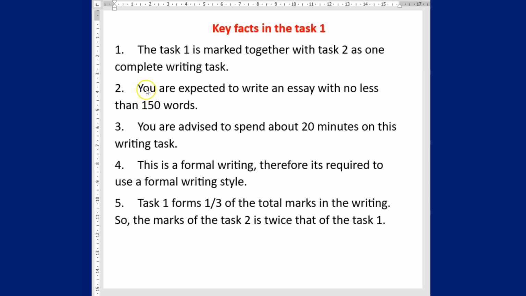The second fact that you should know is that you are expected to write an essay with no less than 150 words. Very important. If your task one essay or your report is less than 150 words, you would not get anything more than a 5.5 in your task achievement.